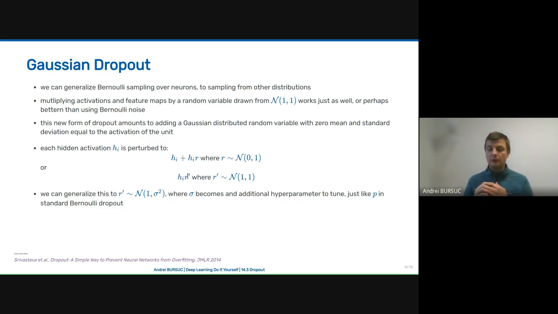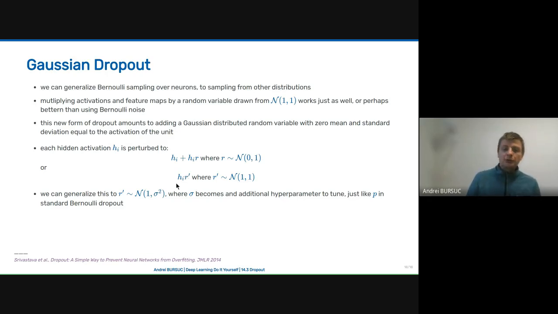This has been shown to work equivalently to the original dropout, which drops activations. However, it takes a bit longer to train, and it adds a bit of overhead from perturbing the activations across all the outputs.